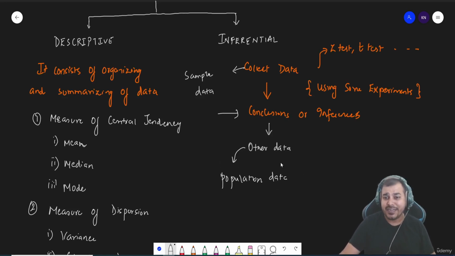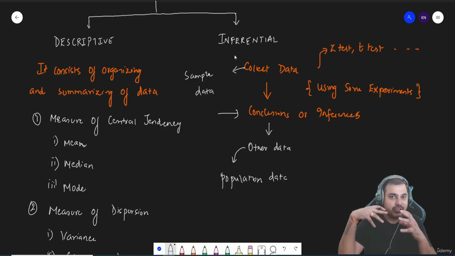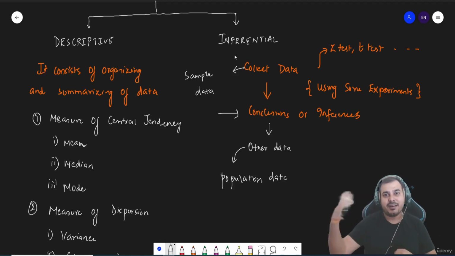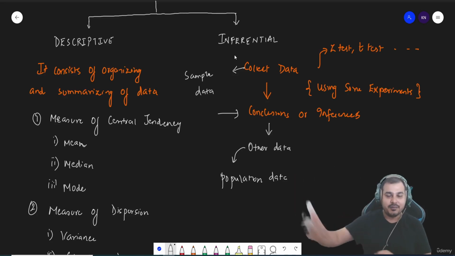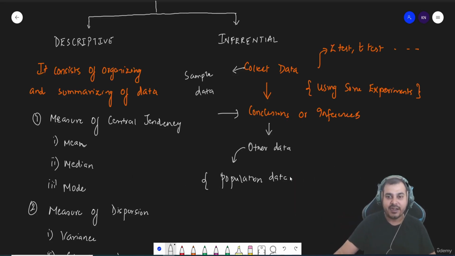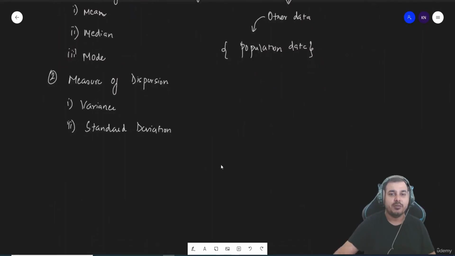Obviously, the population data size will be greater than the sample data size. So in inferential statistics, we find conclusions and inferences from specific data, which portrays some information regarding the other data, which I have defined as population data. Now let me show you one basic example which will help you understand.